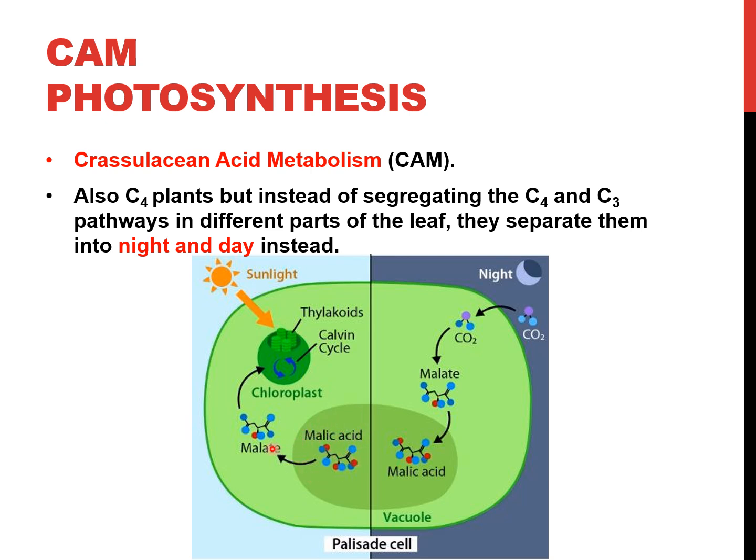That gets converted once again to malate. Biochemical pathways don't need to be known. And then that malate is used as the carbon in the carbon cycle for C4 plants. No, sorry, for CAM plants. And therefore they save water while still being able to do photosynthesis when it's really hot in the sun there.